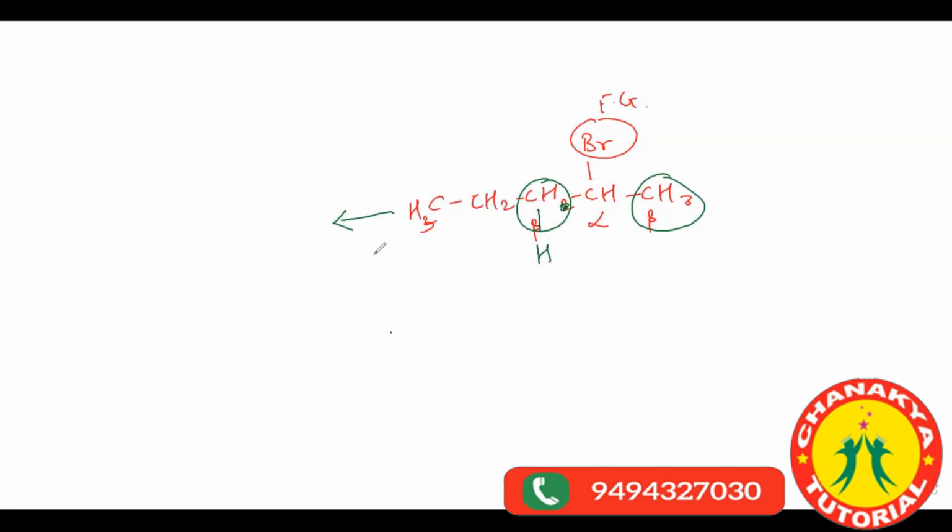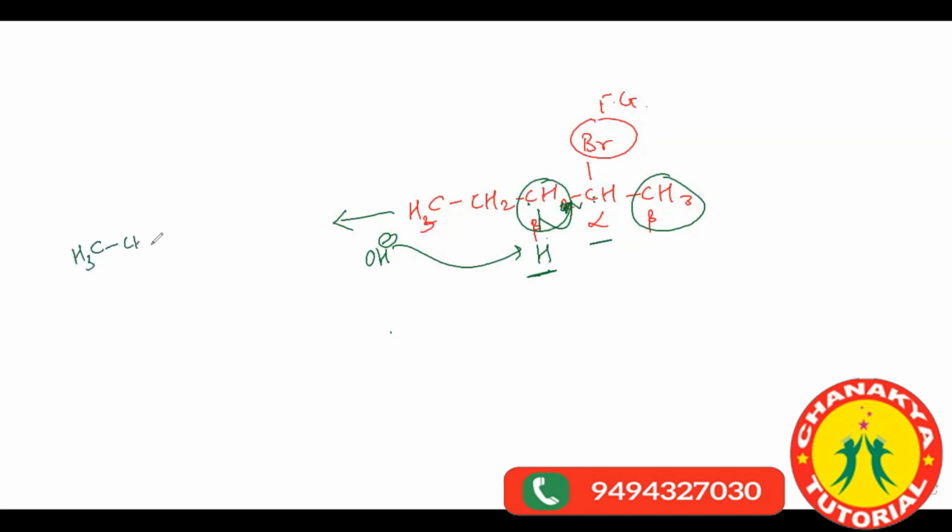This hydrogen would be abstracted by OH minus, right? If this OH minus abstracts this hydrogen, it will donate its electrons, and you get the double bond between this alpha and this beta carbon. So what will you get over here?